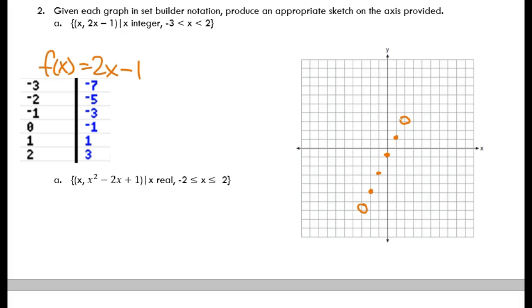And then we can connect. So you kind of leave the ring that you made, the little circle, open. So don't put your line through it. And there you go. That is the function f of x equals 2x minus 1 from negative 3 to 2 exclusive. Lots of big words there.